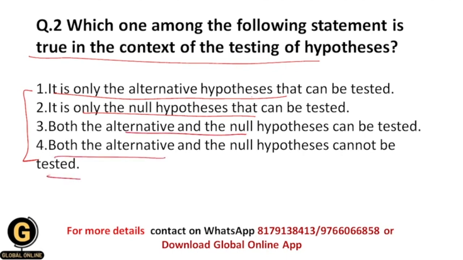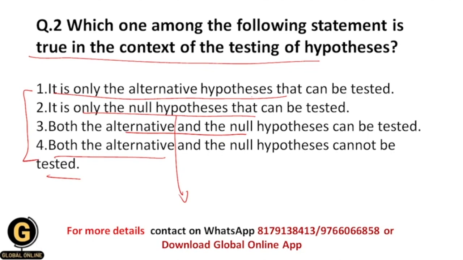So students, this thing is really most important. Whenever you test the hypothesis, in that section you only test the null hypothesis, because the meaning of null hypothesis is that we state there is no relationship between the variables under study. That's why we test only the null hypothesis.